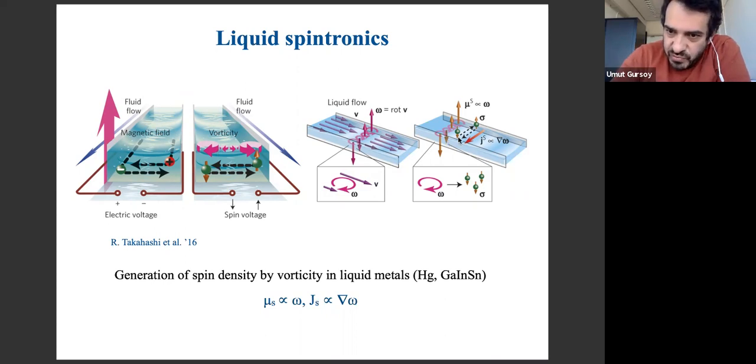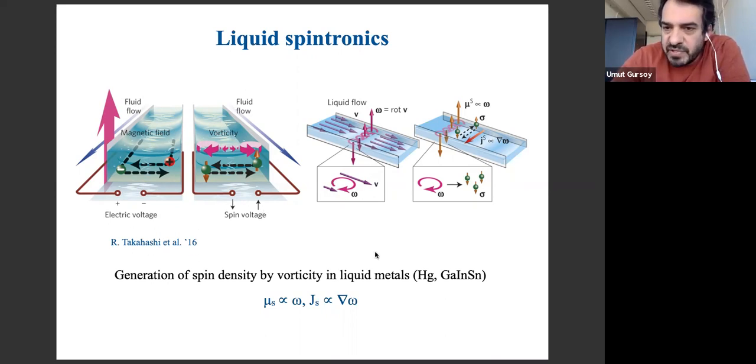So the way they produce vorticity is because of the friction at the wall. There's some non-trivial velocity gradient towards the middle of the tube, and that essentially ends up making some small vortices. And here they've seen that these vortices produce some spin voltage. At least this was the aim, and they claim that they have seen this.